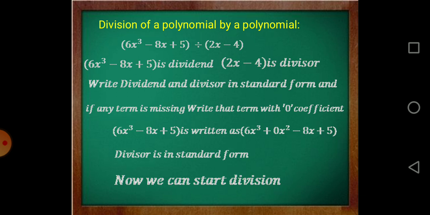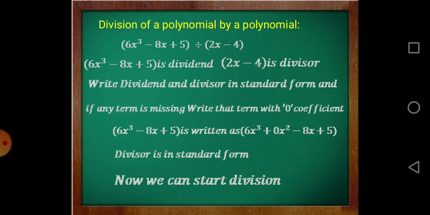And the second important thing you must remember is, if any term is missing, suppose the highest degree is 3, so there should be a square term, an x term and a constant number.